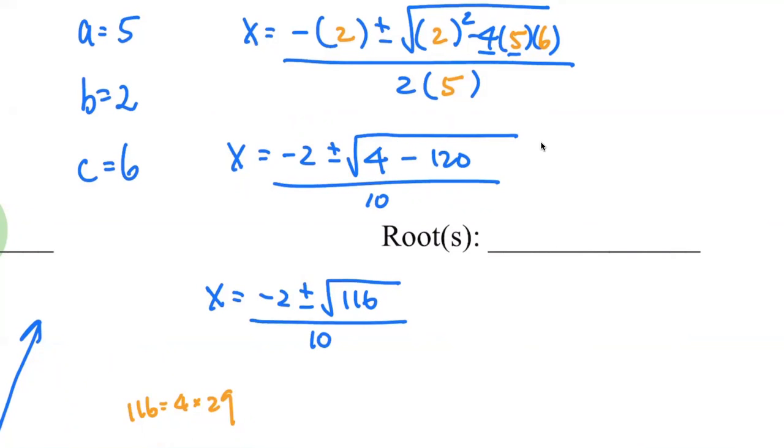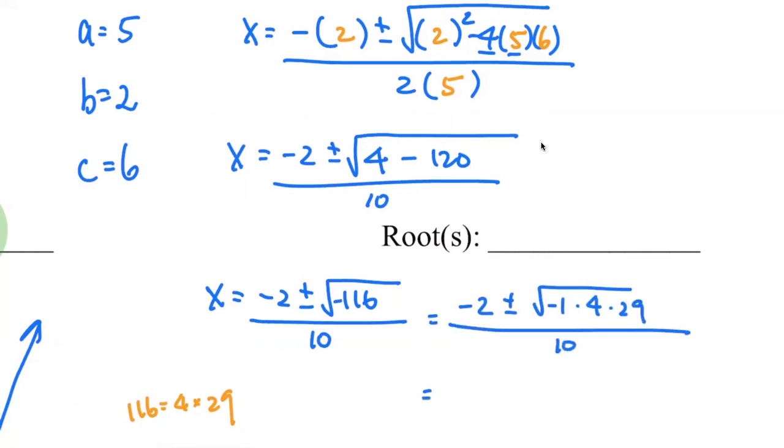Okay, so that means I can simplify this to, oh, negative, by the way. Forgot the negative. Ooh, square root of negative. What do we know? Now I'm going to break it down very slowly. We have negative 1 times 4 times 29, all underneath the square root.